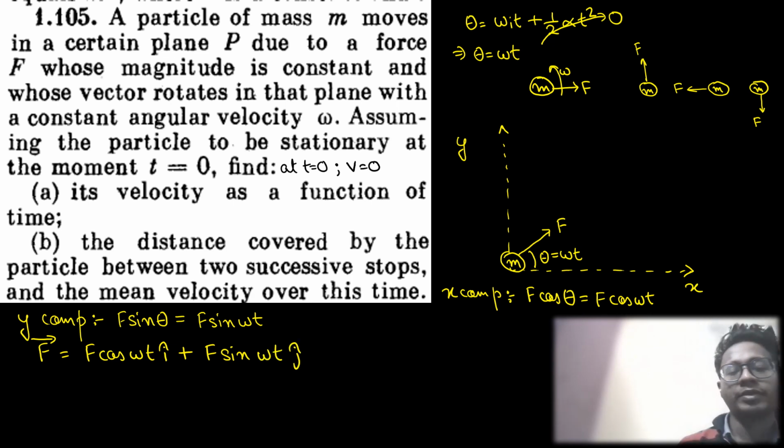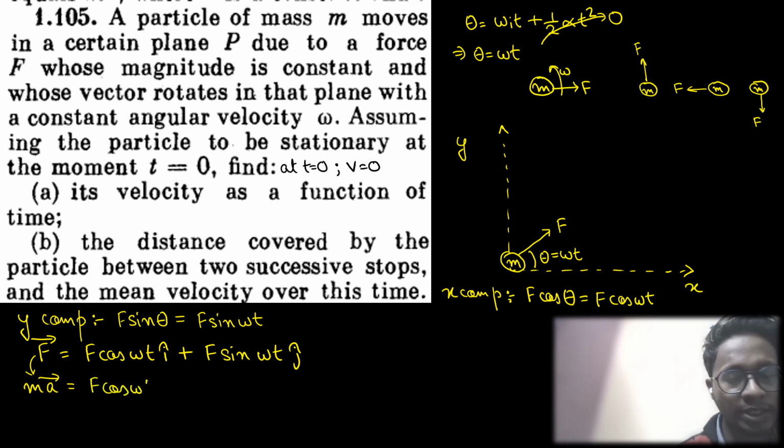Now see, the question became more manageable. A block of mass m is acted on by a force of this magnitude. So what is the acceleration? We know that force is equal to mass into acceleration, which is equal to f cos omega t i plus f sin omega t j.